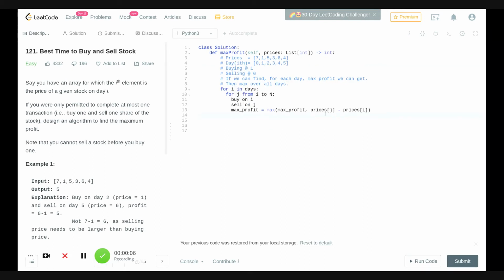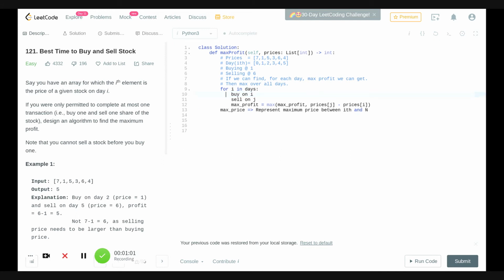Instead of looping every time from i to n to find the day to sell, we can pre-compute the maximum for each i and store it in an array. So we pre-compute the max price array, which represents the maximum price of the stock between the ith day and n. Then we don't have to use two nested loops.